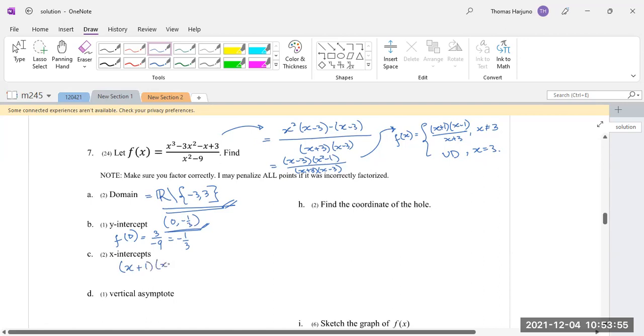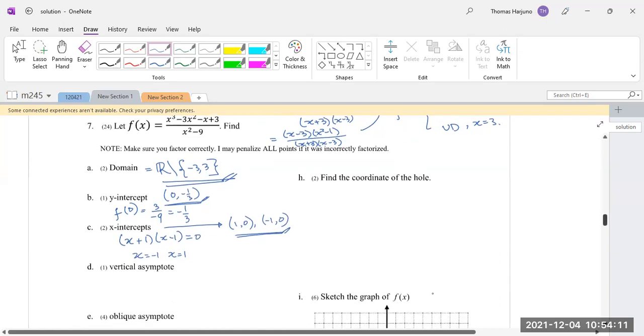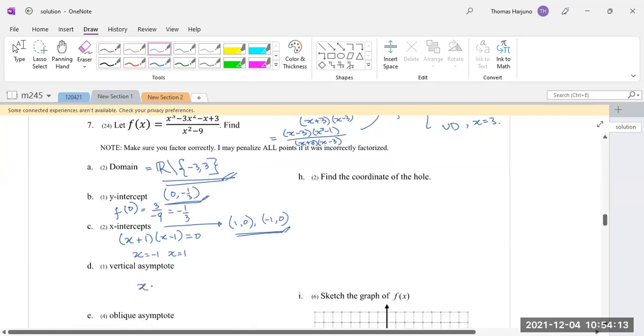You still need to check against the domain later on. So the x-intercepts are (1, 0) and (-1, 0). The vertical asymptote x equals negative 3. It starts from here.